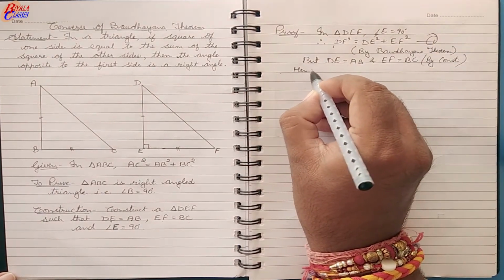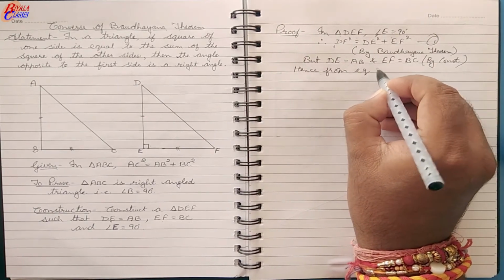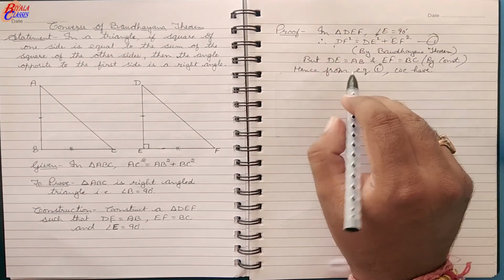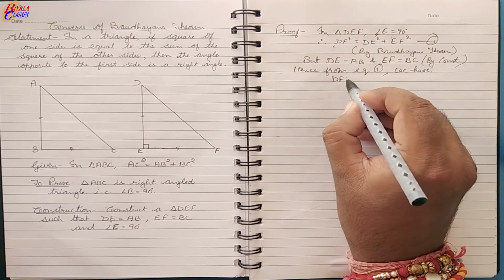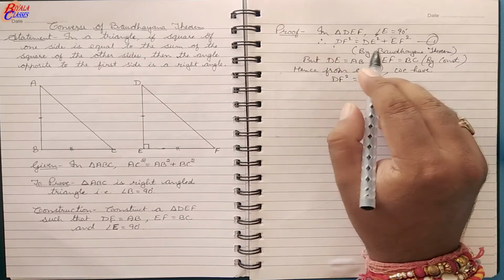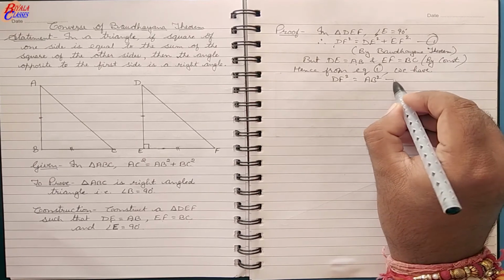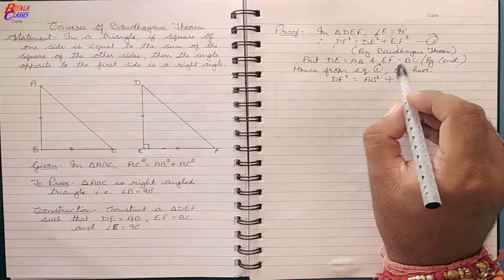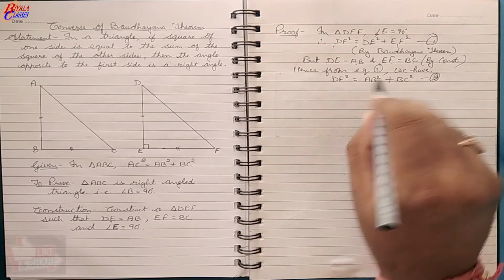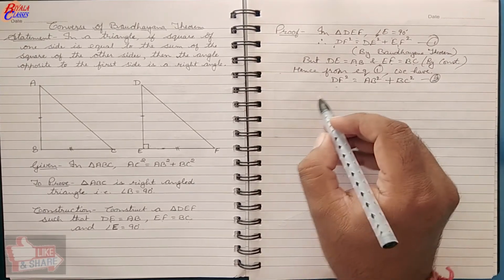Hence from equation 1 we have DF squared equals AB squared. Instead of DE, we replace it with AB, so it becomes AB squared plus, EF replaced with BC, BC squared. So we have DF squared is equal to AB squared plus BC squared.